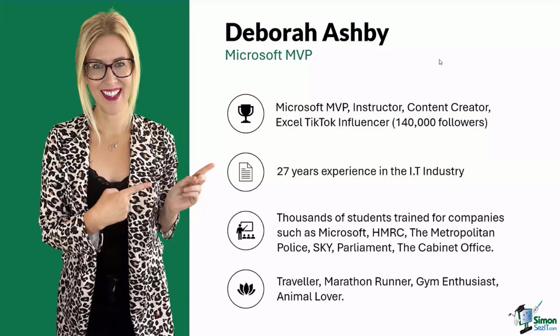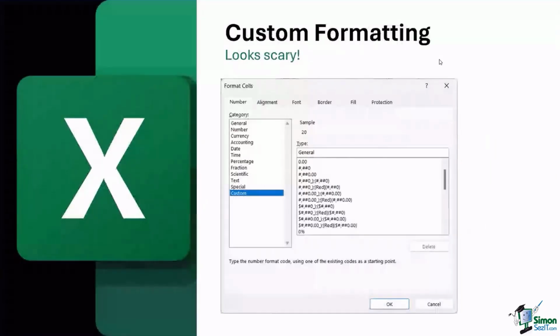So today we're going to be talking about a topic that, in my experience, confuses people a lot, and that is custom formatting. The reason it confuses people is that they open up custom formatting and are immediately confronted with this dialog box with all of these weird symbols, these hash characters, these zeros, and it all looks a bit intimidating and doesn't really make much sense if you're not sure what you're looking at.